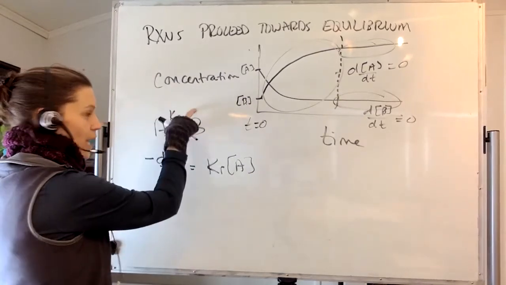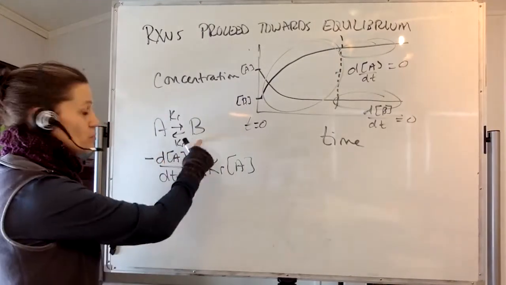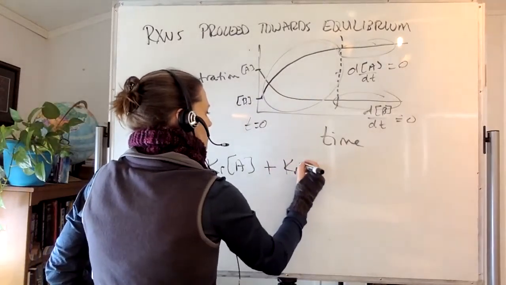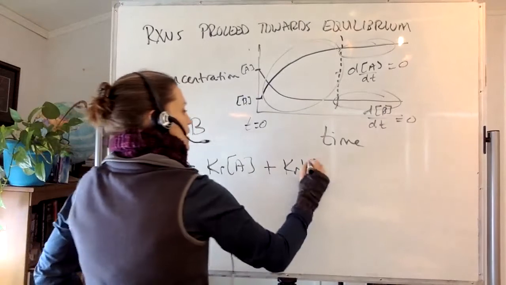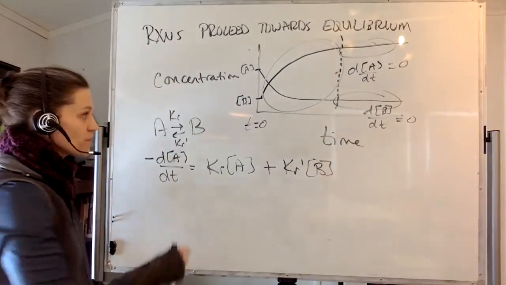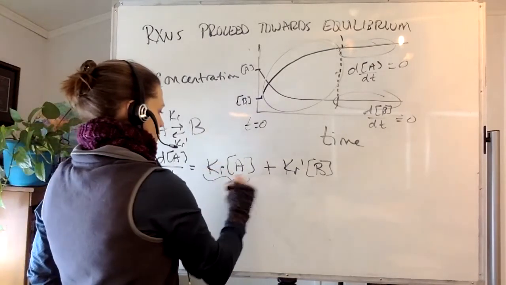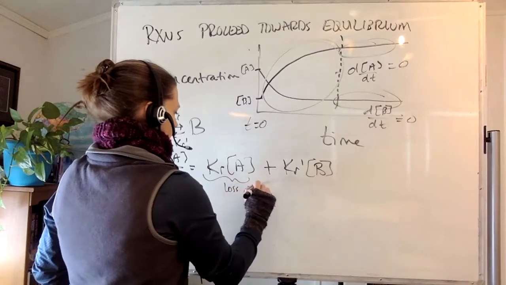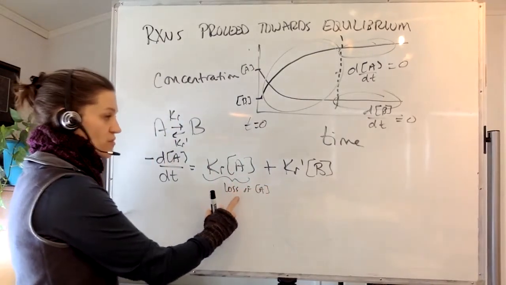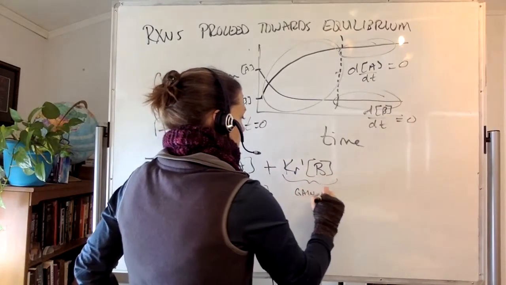So I'm losing A from the forward reaction, but I'm gaining A from the reverse reaction because B is turning back into A. So I'm going to add Kr prime times the concentration of B. Sound good? So this is representing the loss of A, as in the rate of consumption of A, and this is representing the gain of A.